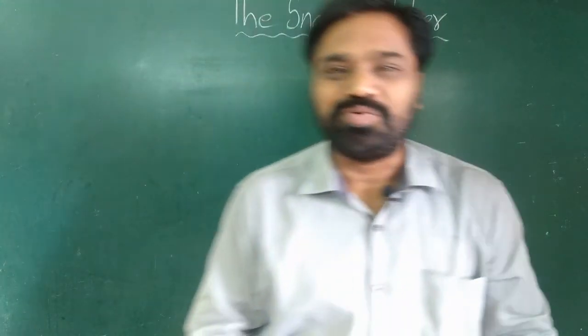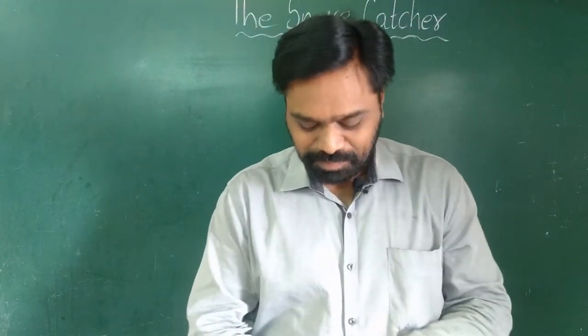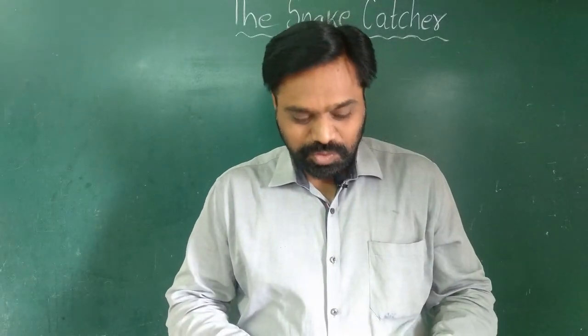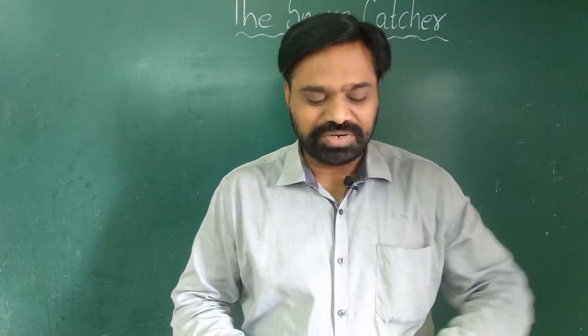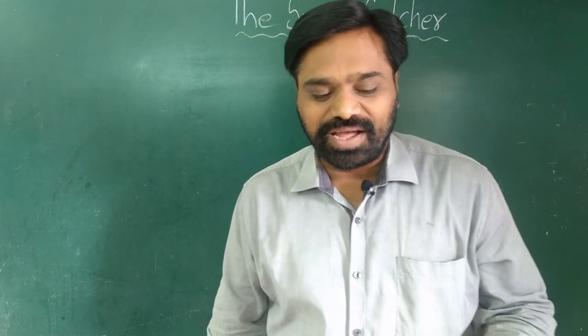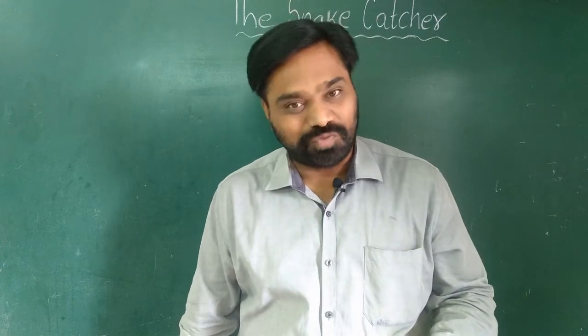I want all of you to open your textbook at page number 17. You will see they have given a pre-reading activity there. They have given a picture. Look at the following picture and answer the questions that follow.